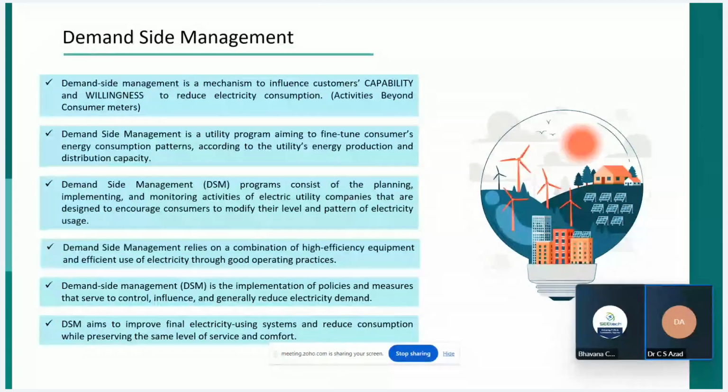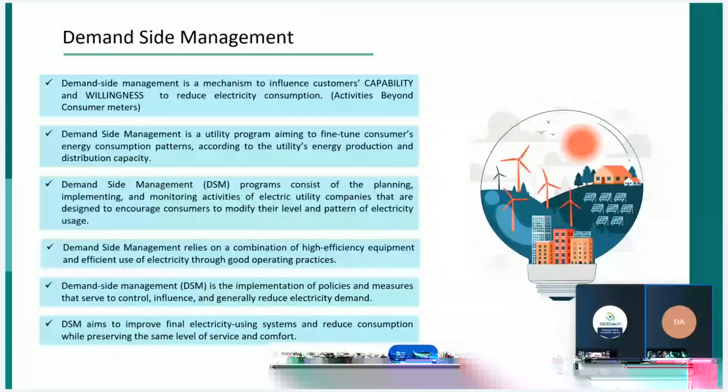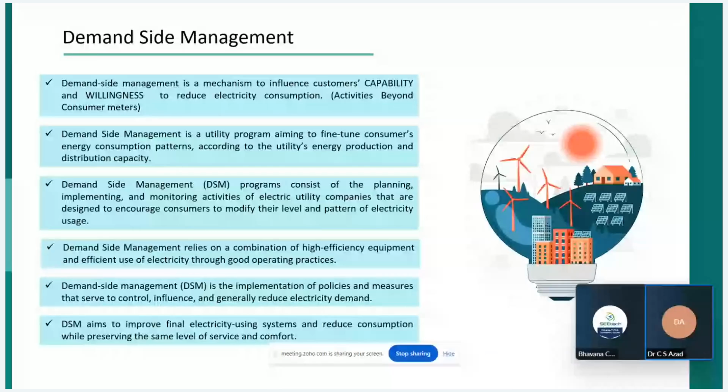Demand side management relies on a combination of high efficiency equipment and efficient use of electricity through good operating practices. It is the implementation of policies and measures that serve to control, influence, and generally reduce electricity demand.